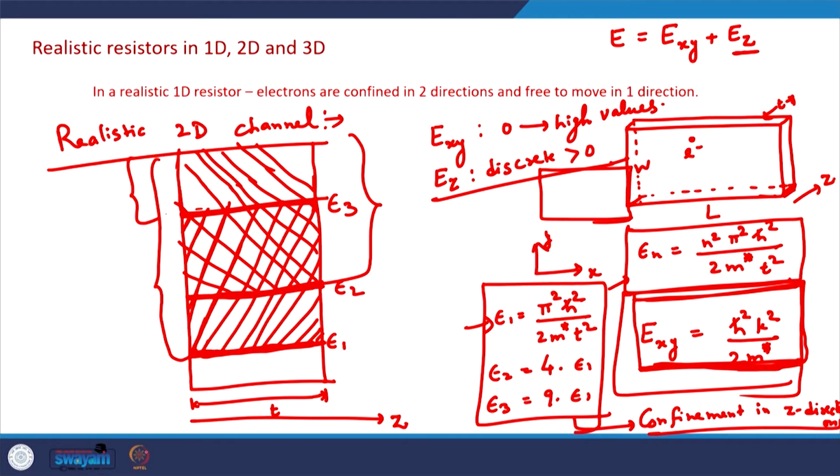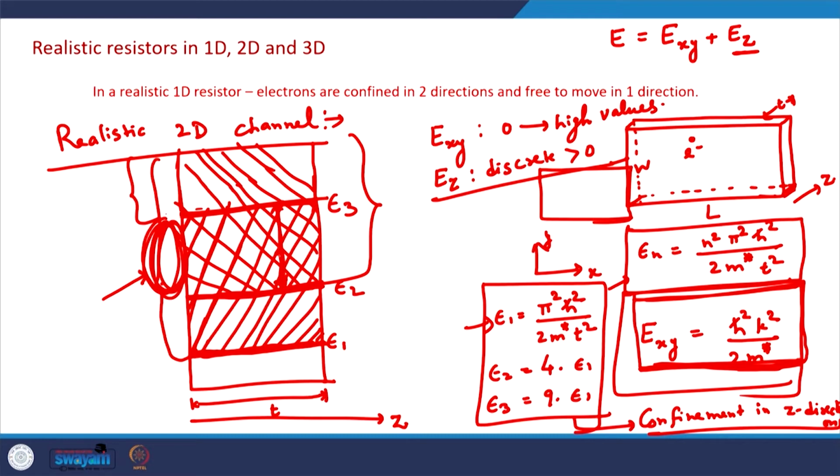Now, in this overlap range, electrons can exist in two configurations. They can be sitting in epsilon 1 state and have energy sufficient so that their total energy is in this range, or they can be sitting in epsilon 2 state and have the energy equal to the difference between epsilon 2 and the energy in this range.